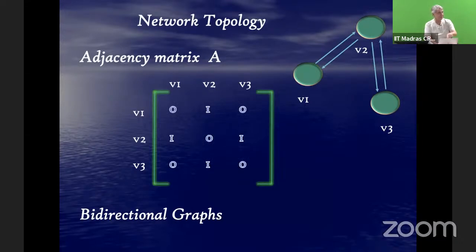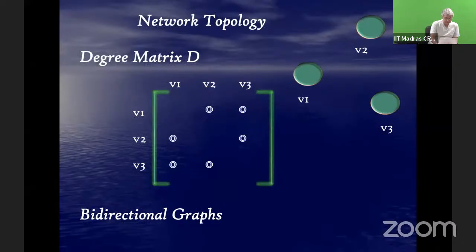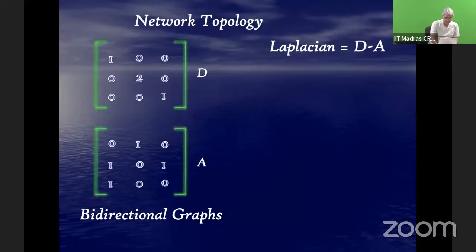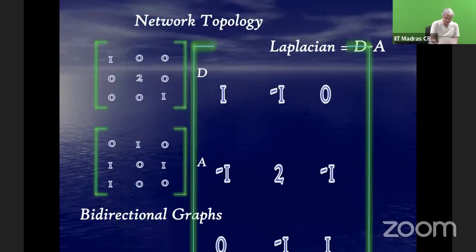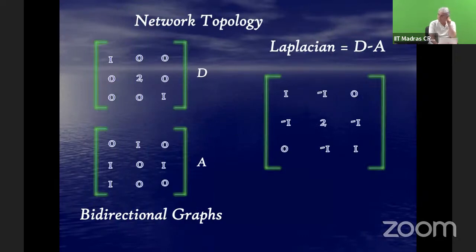That's the adjacency matrix. And then the degree matrix tells you that V1 only has 1 neighbor, V2 has 2 neighbors, V3 has 1 neighbor. So when you put these together, you get this thing called a Laplacian.